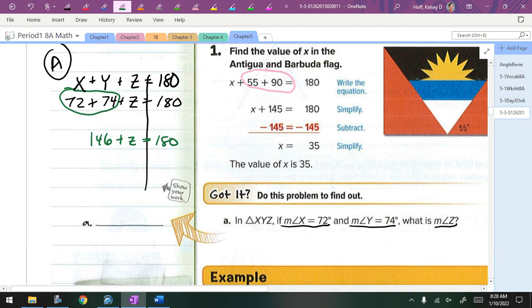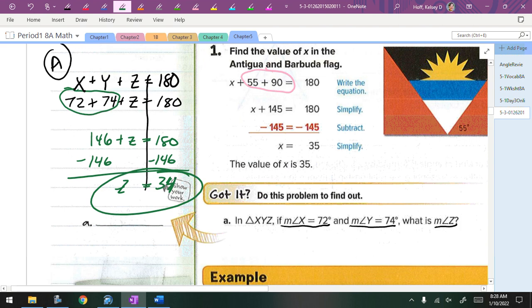You should be writing this down. Leon? You subtract 146. Very good. Subtract 146 to the other side. Is he right at 34? That'll be fine. Thank you, Sam.